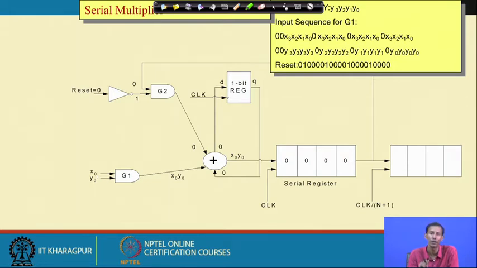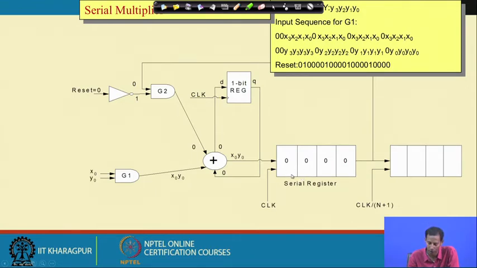We can do it in two ways. We can consider all the bits together, and then multiply with y0 or y1 and then add. Here also it is the same thing. If you see, initially x and y are being ANDed and added with the corresponding output from this shift register, which is nothing but the serial register.